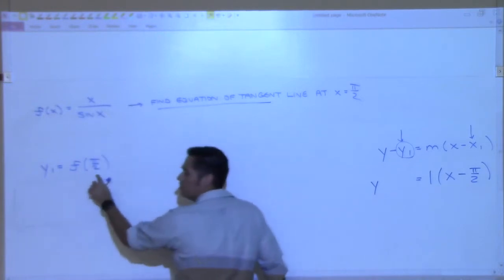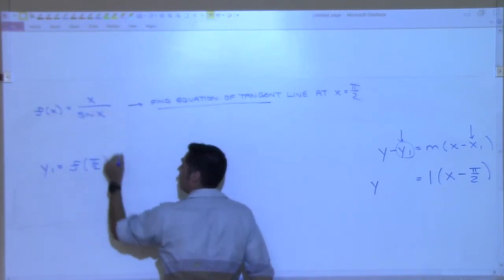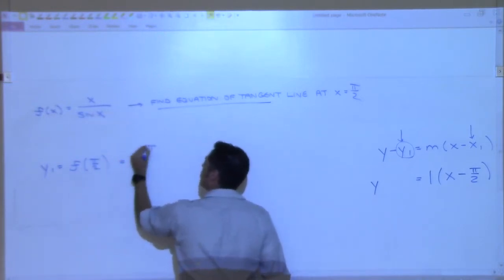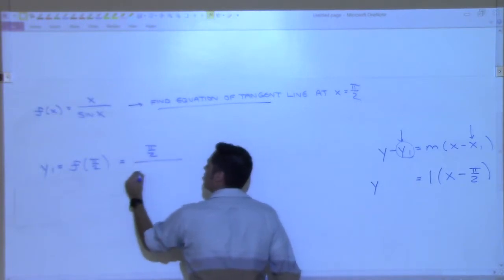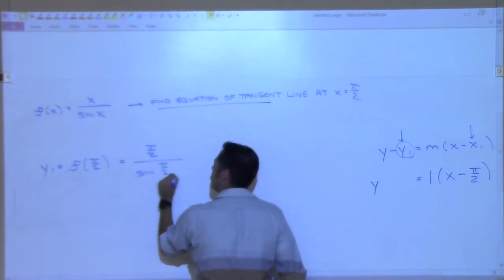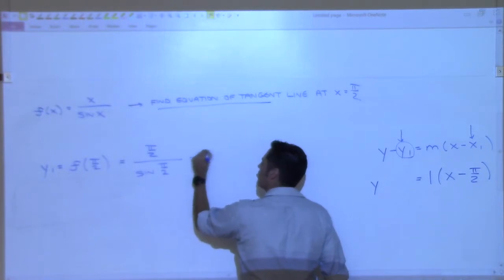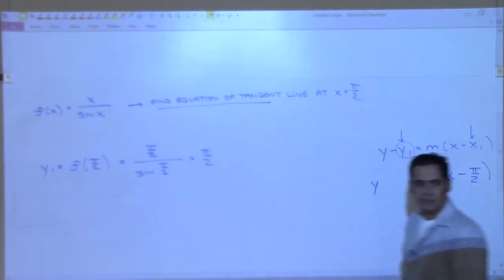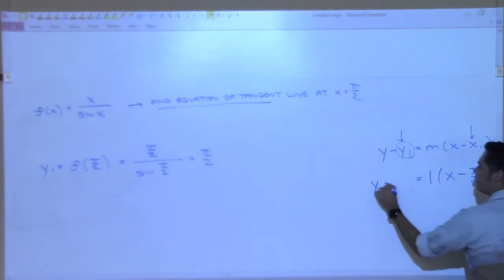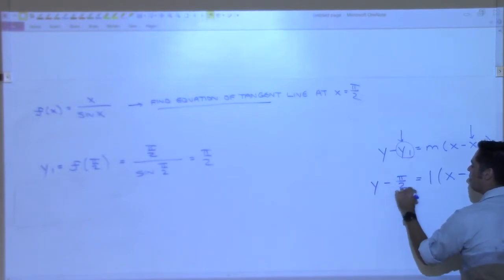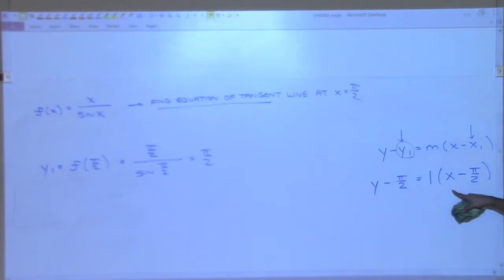It's what you get when you plug pi over 2 into that. What do we get? Pi over 2 over sine of pi over 2. What's sine of pi over 2? 1. So this is pi over 2, isn't it? So this is y minus pi over 2. That's the equation of the line. Does that make sense? Yes.